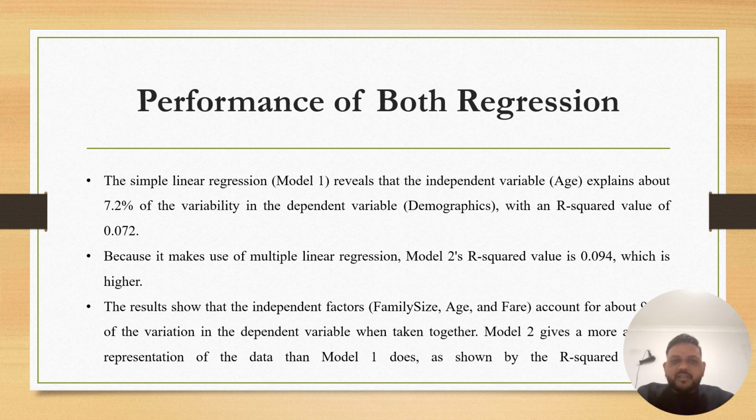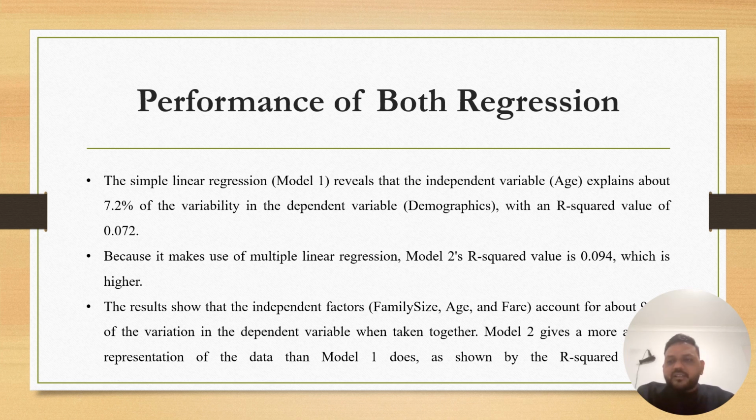Performance of both regressions. This slide is showing that the simple linear regression reveals that the independent variable explained about 7.2% of the variability in the dependent variable, with an R squared value of 0.072. The multiple linear regression model's R squared value is 0.094, which is higher.